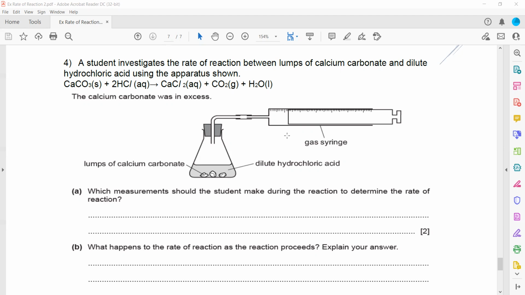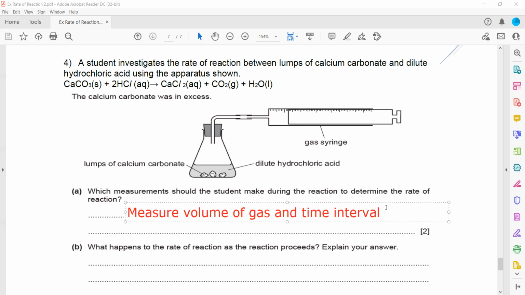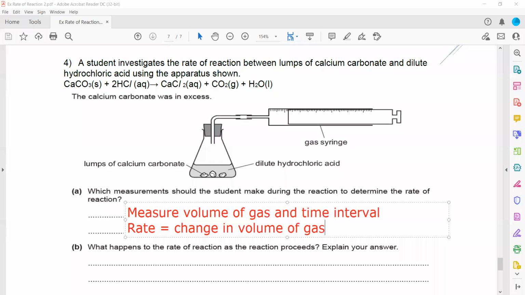But because a gas syringe is connected here, he can measure the volume of the gas and the time interval. The rate will be equal to the change in volume of the gas, which is a product here, divided by time.